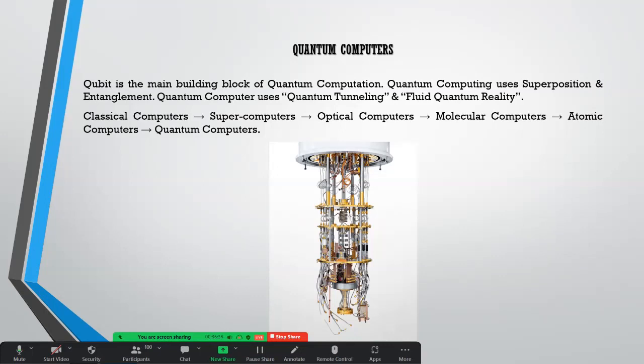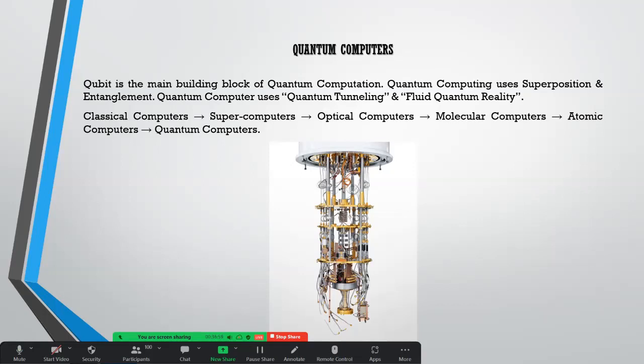A quantum computer uses something called fluid quantum reality. It also uses quantum tunneling, where, as I already discussed, the electrons are stopped and they can be used as per our needs.